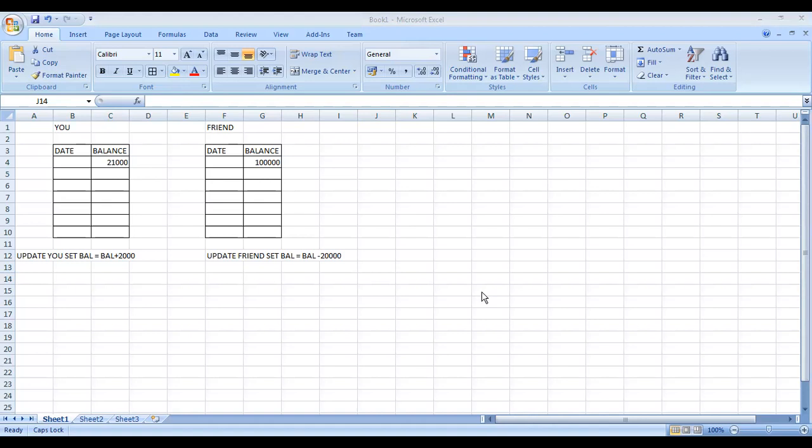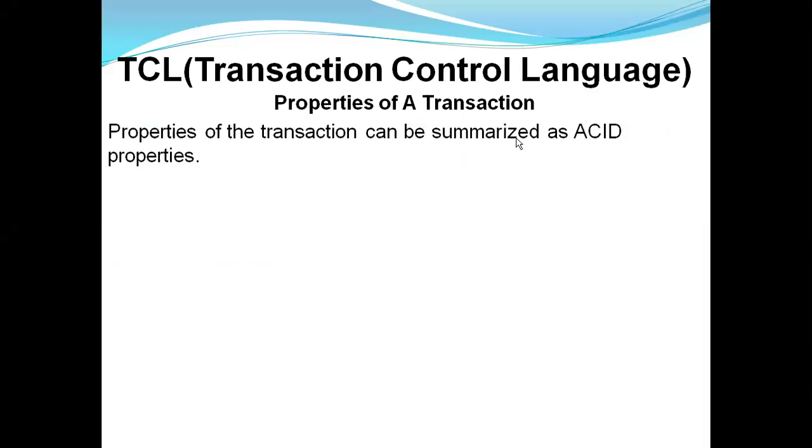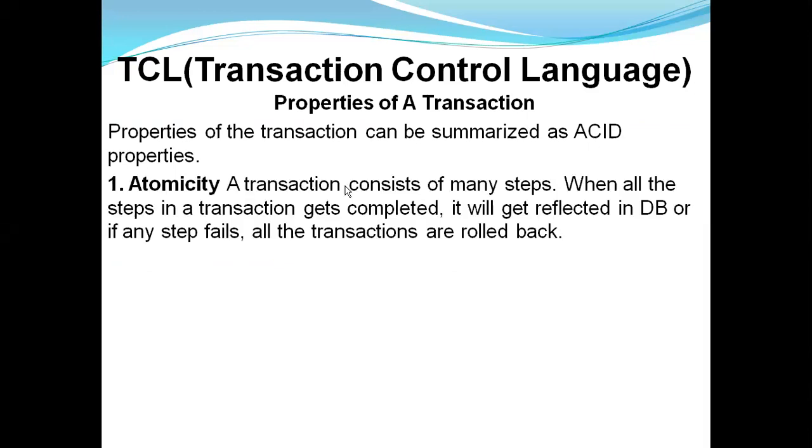I'm sure everybody has heard the word ACID. ACID is a property of a transaction. It is an abbreviation of four characters, ACID. Here A represents atomicity.